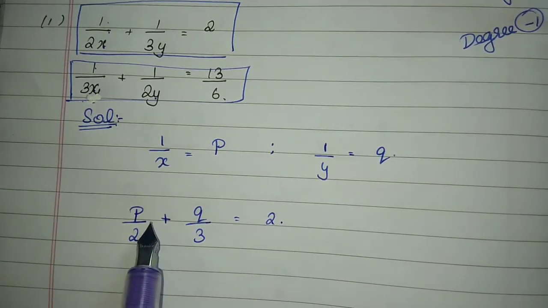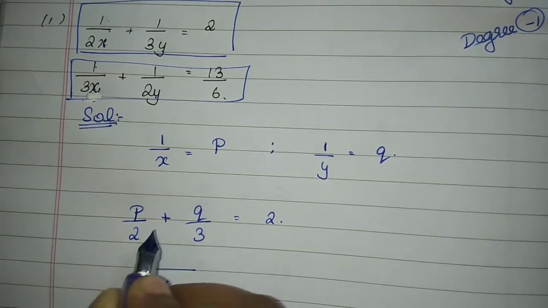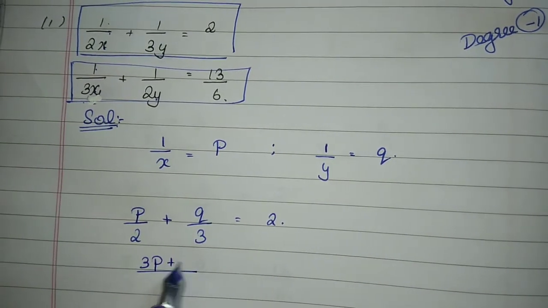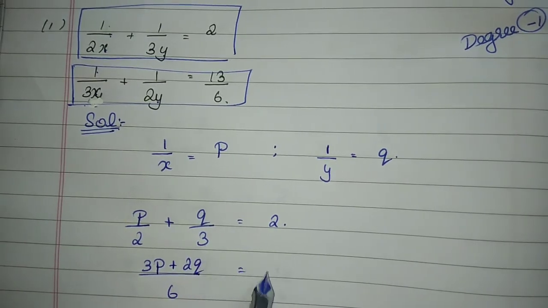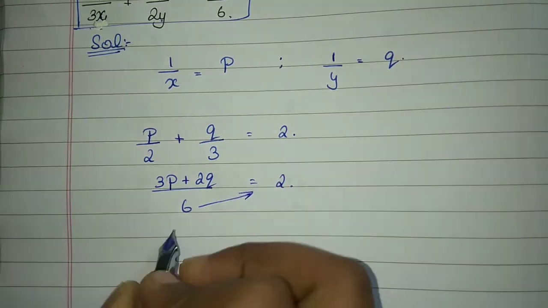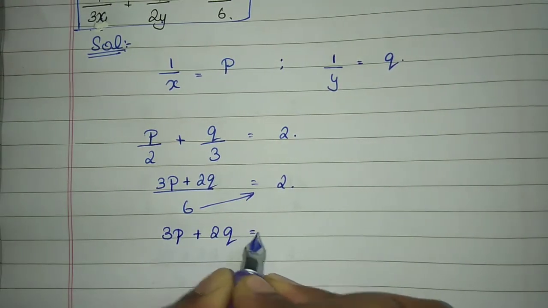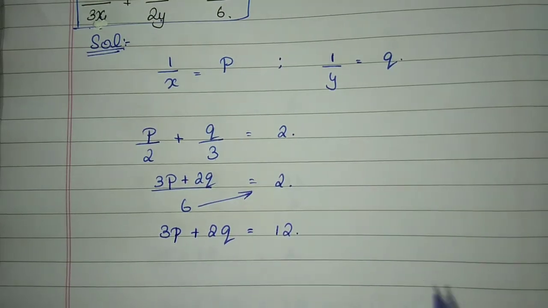Now I will simplify. In order to simplify, I have to take LCM. My LCM is 6. So 3p plus 2q is equal to 2, and I will take the 6 this side. So 3p plus 2q is equal to 12.